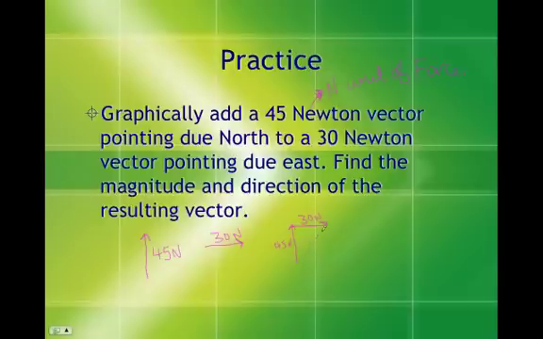And then my resultant would be right here. Or another way I could do this is I could put my 30 newton vector here and then tie the tip of that to the tail of my 45 newton vector, and I'm going to get the same resultant.